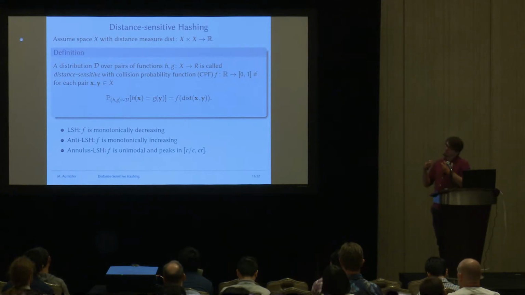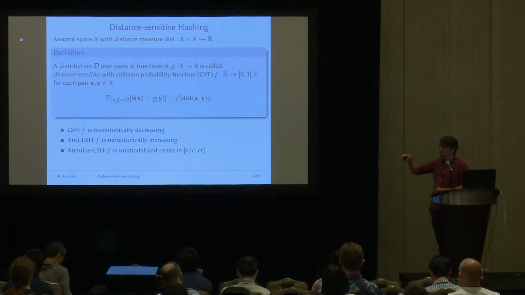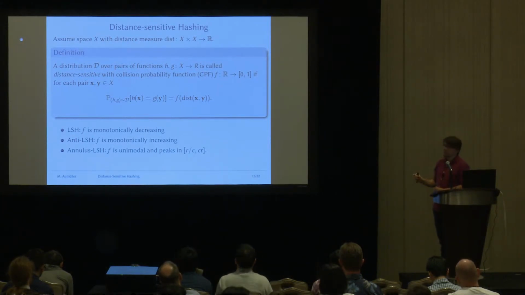And in general, the message here is, if you know how the function looks like, then you might find a nice problem where hash functions like this are able to solve this problem for you. For example, if you're interested in near neighbors, then you really want to use some LSH, which is basically saying your function should be monotonically decreasing.